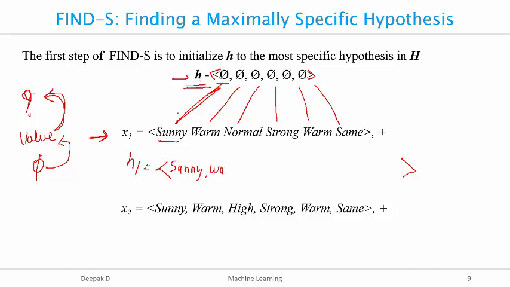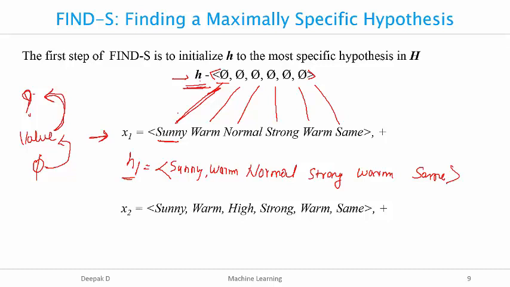So here I can write warm, normal, strong, warm and same. This is my current hypothesis.